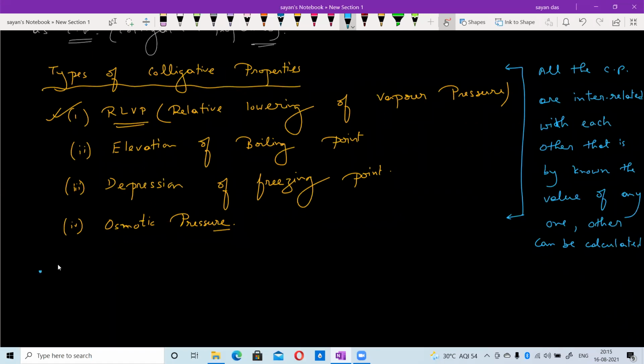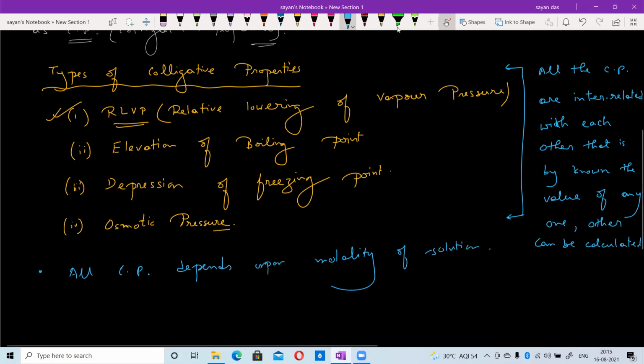Next, all the CP depend upon the molality of the solution. Now, what is molality?